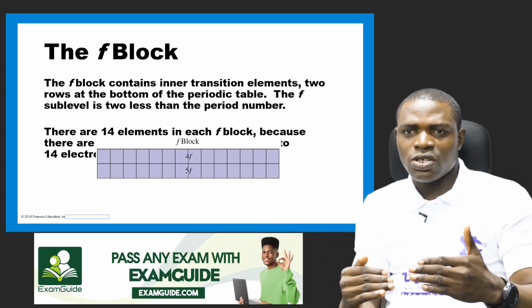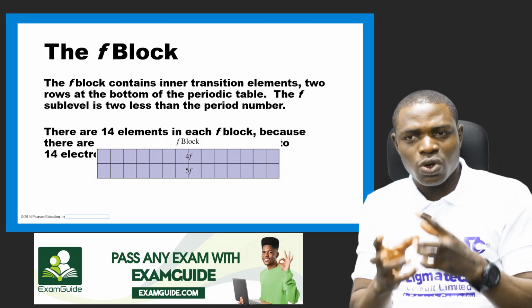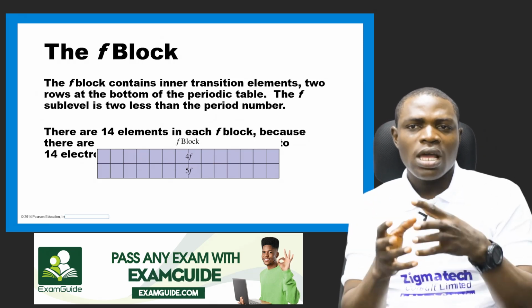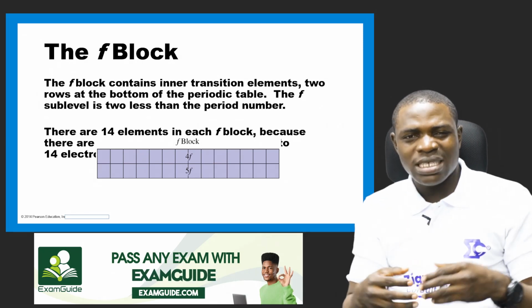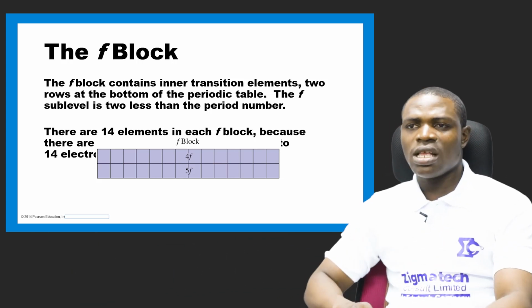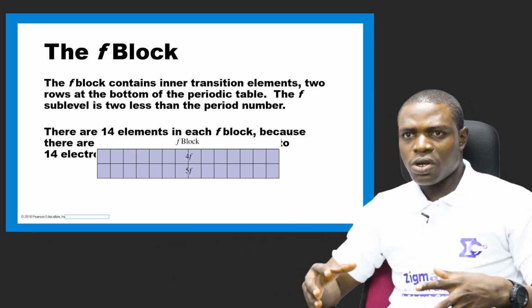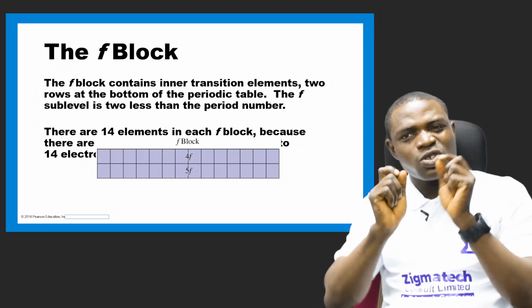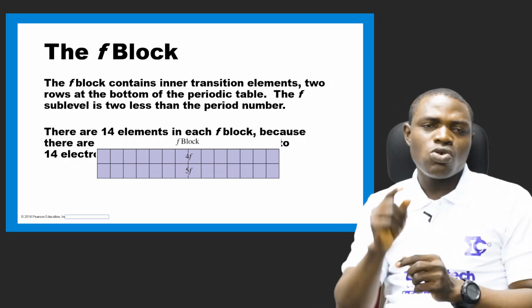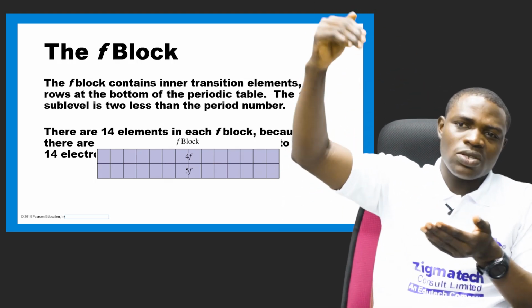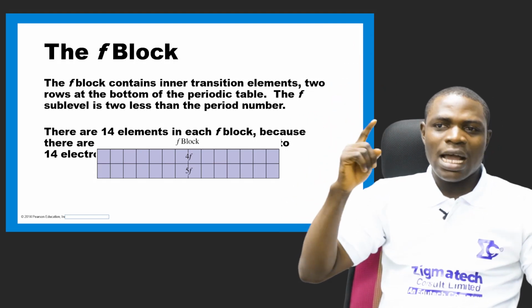They brought them down in order to set them apart and to show that they are F block elements. So the F block contains the inner transition elements, 2 rows at the bottom of the periodic table, and the F sublevel. Now, we said D is 1 less than the period number.